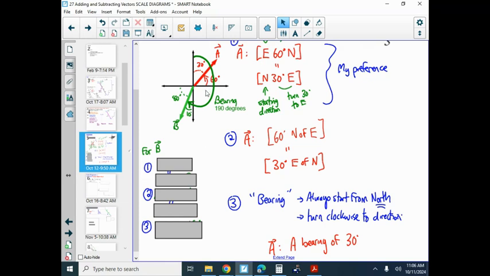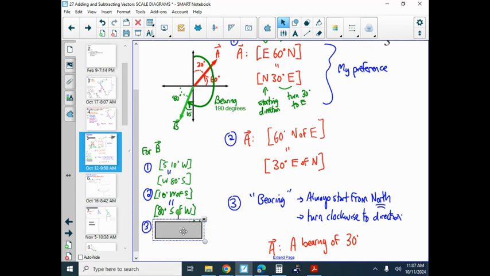And with the green vector, saying south 10 degrees west is pretty quick and easy to visualize. Face south, move 10 degrees towards the west, or face west and turn 80 degrees. Or you could say 80 degrees south of west and stuff like that. So those should make sense. The bearing for this one would be the full 180 degrees plus another 10, so it's a bearing of 190 degrees.